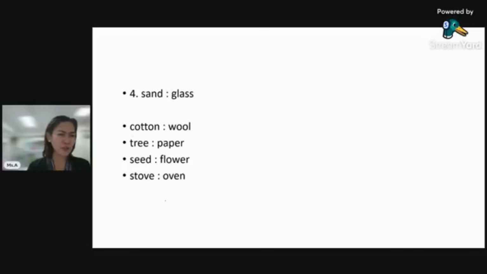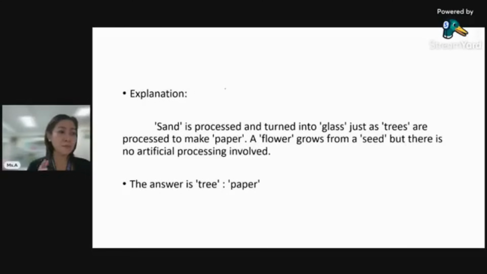Okay? And then stove and oven, it's just like given an example, just like cotton and wool. No, stove and oven, it's the same thing. So parang dito, we are actually looking for a produce. So anong connection ng glass sa sand? So you have to undergo a process. So it's the same thing as the tree and the paper.